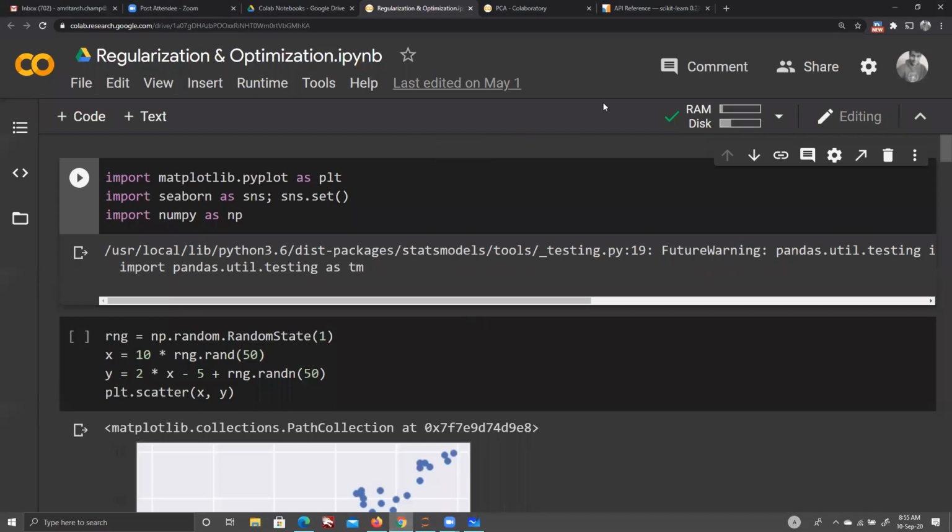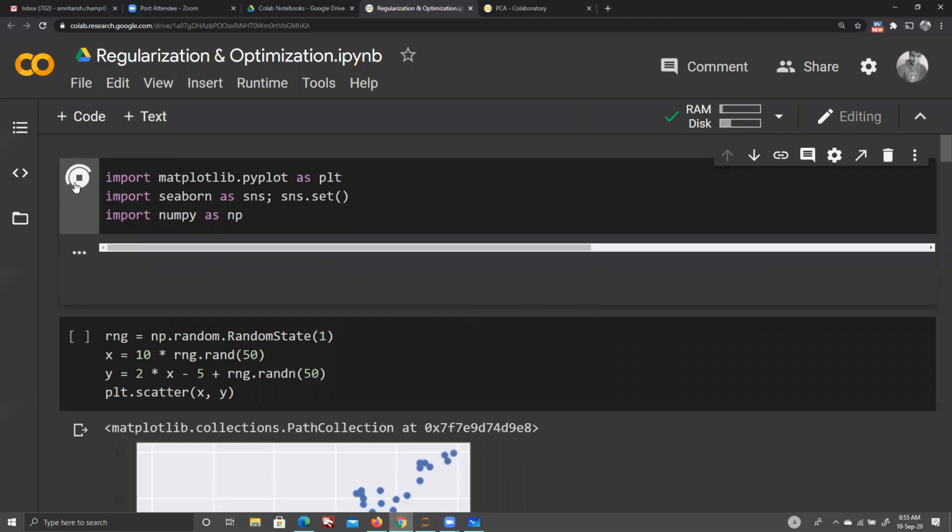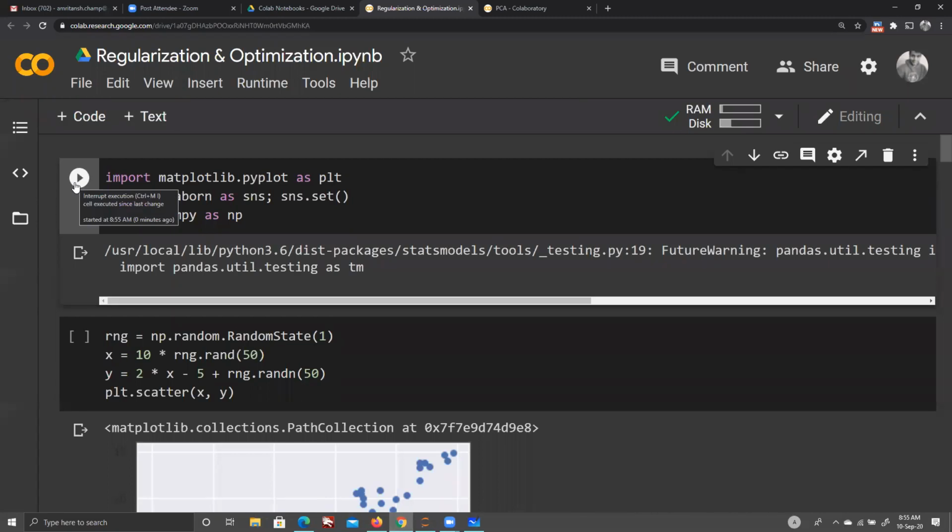So I never showed you polynomial regression through sklearn, have I? Have you seen me doing a polynomial regression through sklearn?